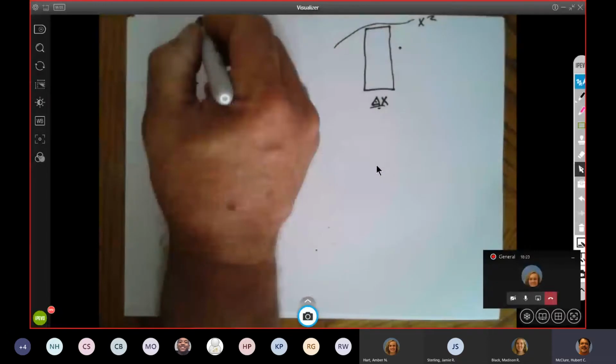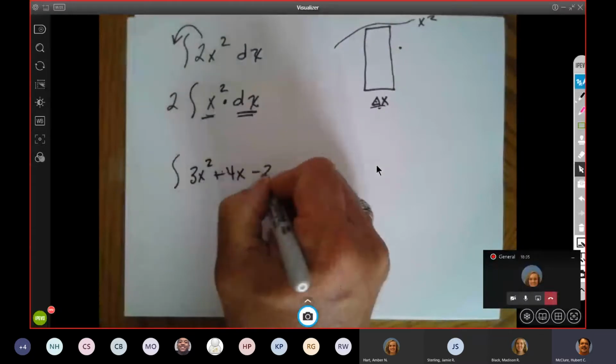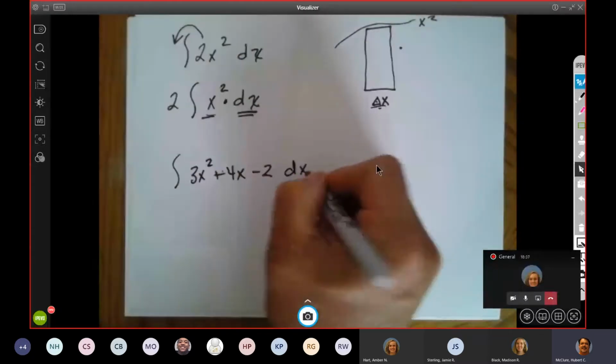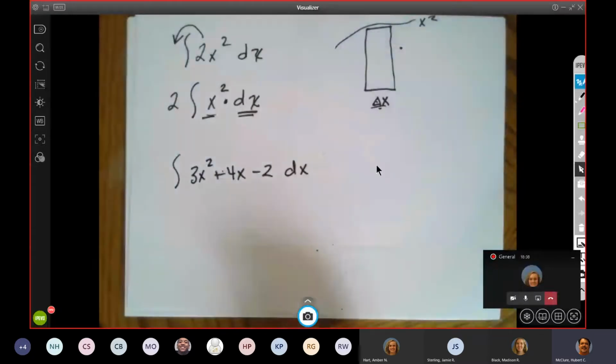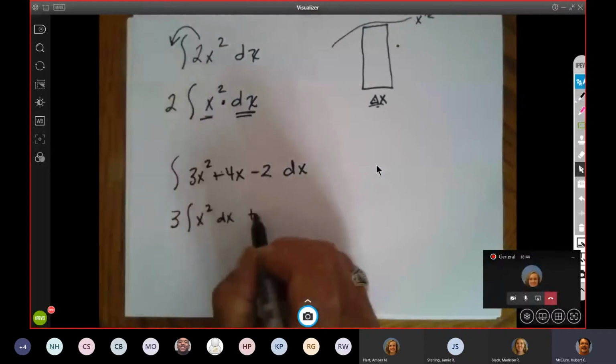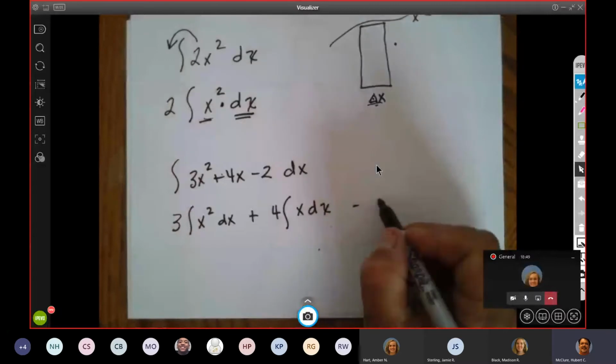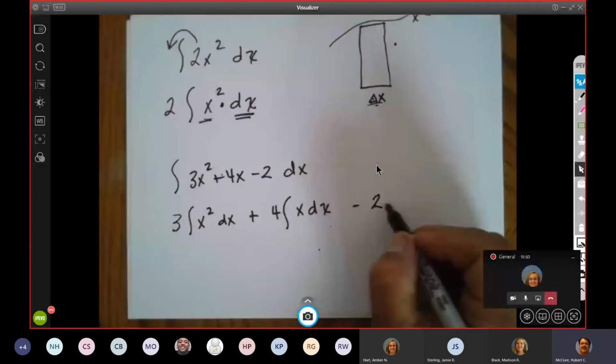Okay? Another rule, if I've got the antiderivative of 3x squared plus 4x minus 2 dx, I can break that up into 3 times the antiderivative of x squared dx plus 4 times the antiderivative of x dx minus 2 dx.